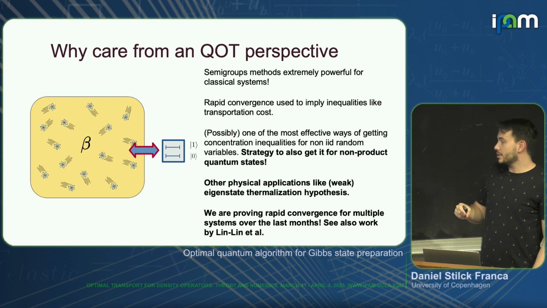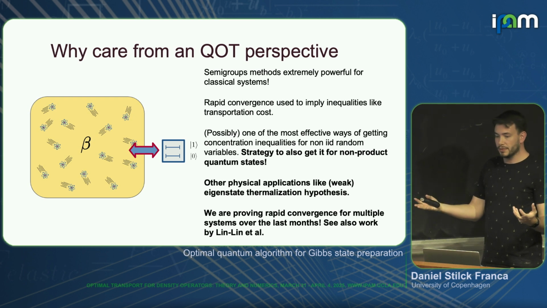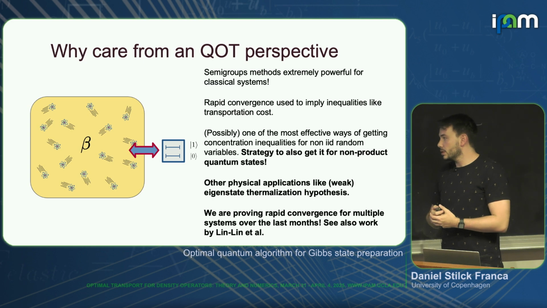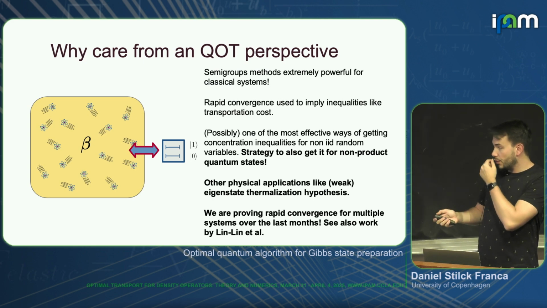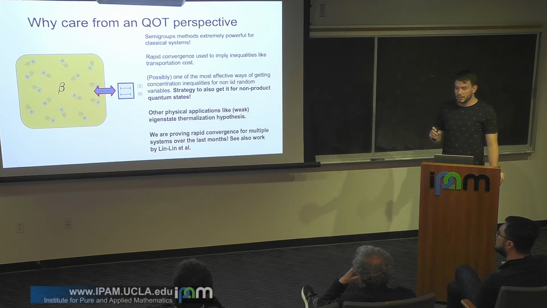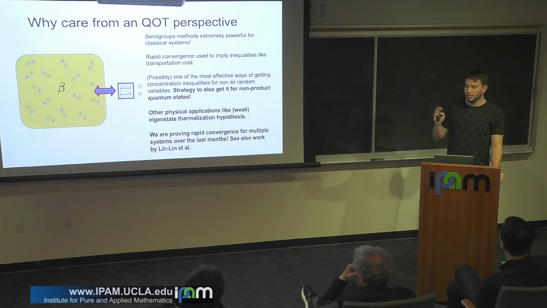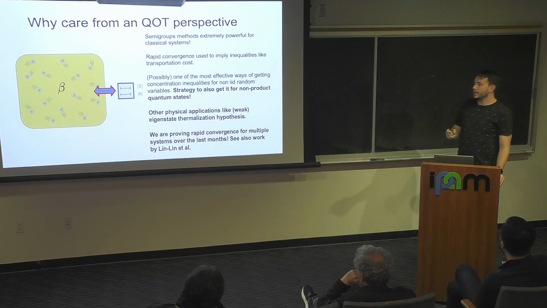You have other physical applications which again combine ideas from quantum optimal transport and these convergence statements. For instance, you can show things like the so-called weak eigenstate thermalization hypothesis by combining these ingredients. So there are lots and lots of applications of semigroup methods in classical optimal transport.